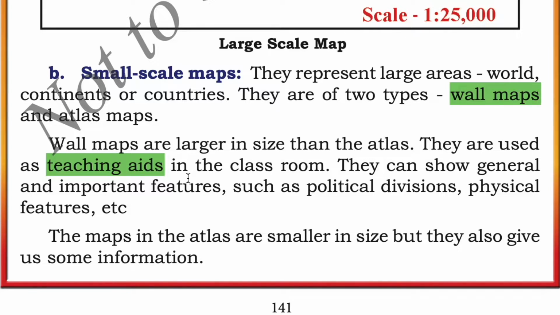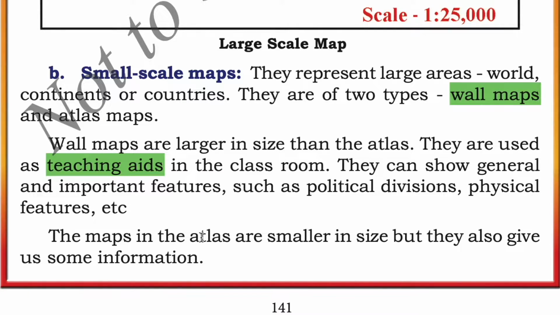They can show general and important features such as political divisions, physical features, etc. These can be perhaps the size of your blackboard, and they need to be big enough so that all of you sitting in a classroom can see it. The next kind is the atlas maps.